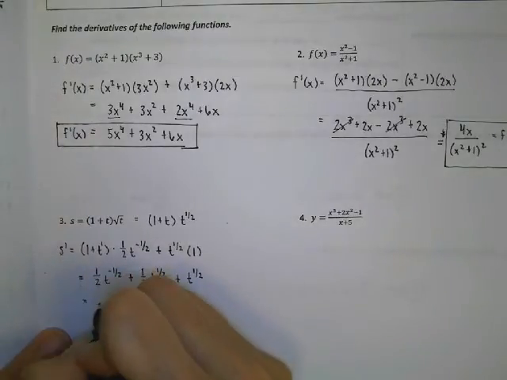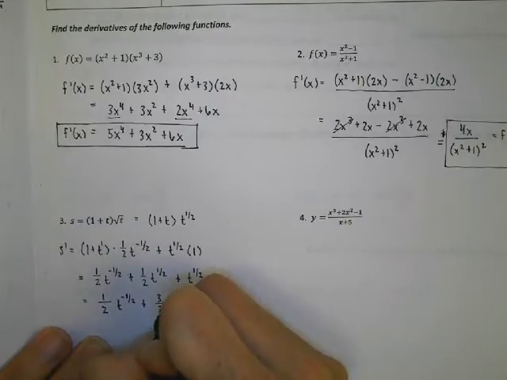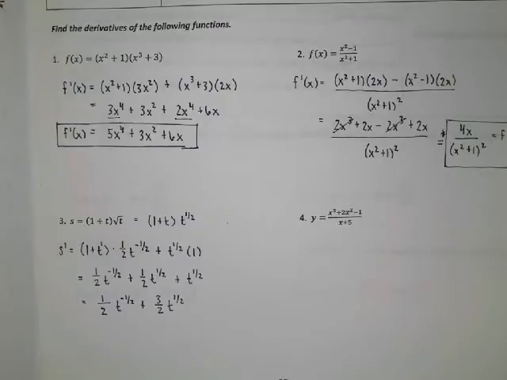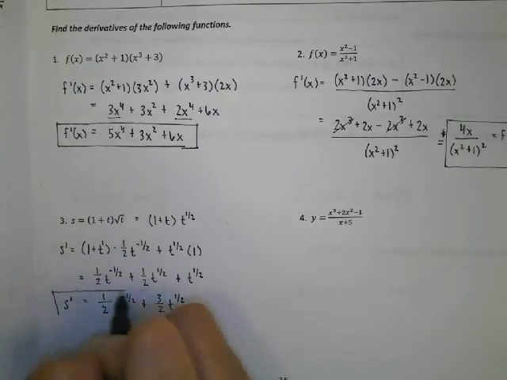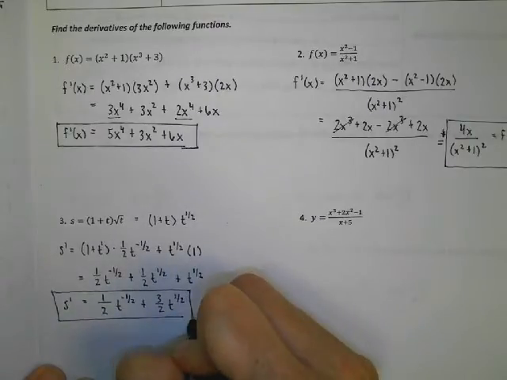So if I combine my like terms, I have 1 over 2, t to the negative 1/2, plus 3/2 t to the 1/2. And we could leave our derivative right there. However, I'm going to rewrite this.